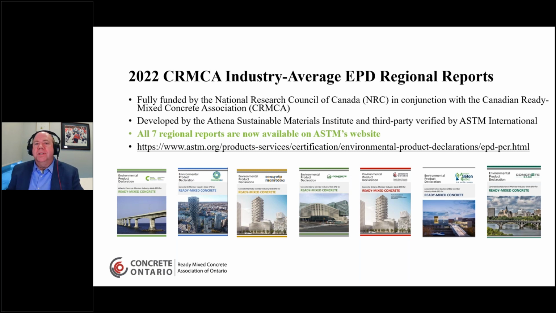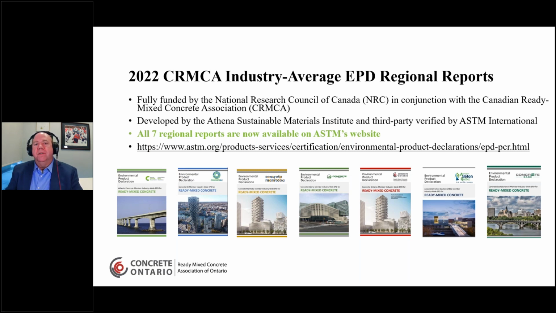So for our second go around in 2022, we made the decision, instead of just producing one report, to move to regional reports, and we're going to produce 7 regional reports. We've got BC, Alberta, Manitoba, Saskatchewan, Ontario, Quebec, and Atlantic provinces.